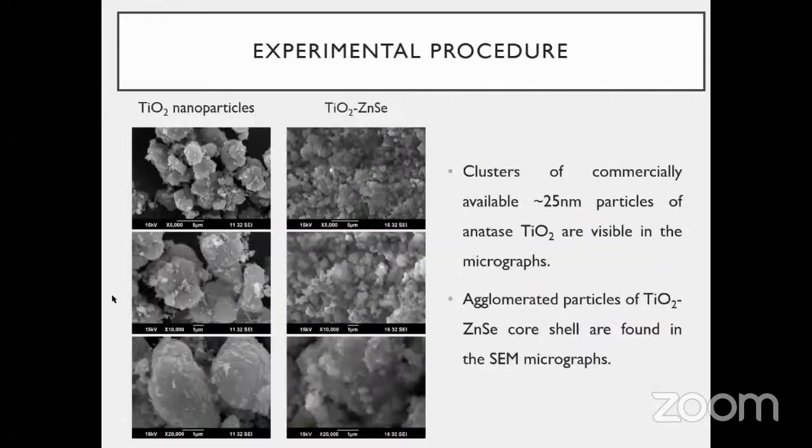Here we can see the micrographs of TiO2 nanoparticles and TiO2 with zinc selenide core-shell particles. The first set of images shows clusters of 25 nanometer TiO2 nanoparticles, and the second set shows the core-shell of TiO2 and zinc selenide particles. This core-shell formed an even particle.